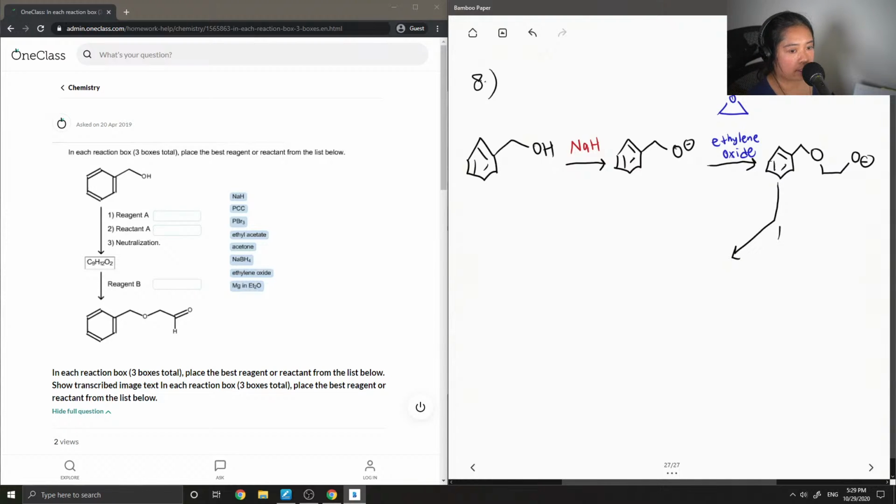So they kind of already told us that there is a neutralization reaction that occurs in between. And what this step does is that it adds a proton to that negatively charged oxygen. And then basically to convert from an alcohol to an aldehyde, out of all the different reagents on the list, the best one to do that is PCC.